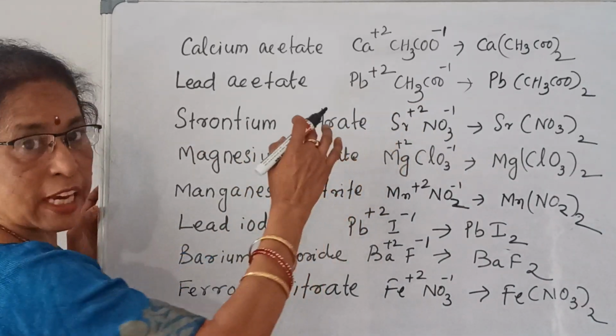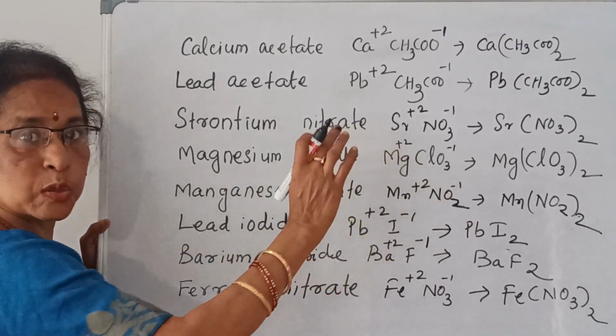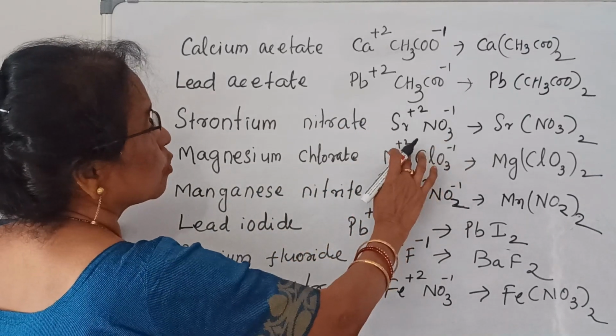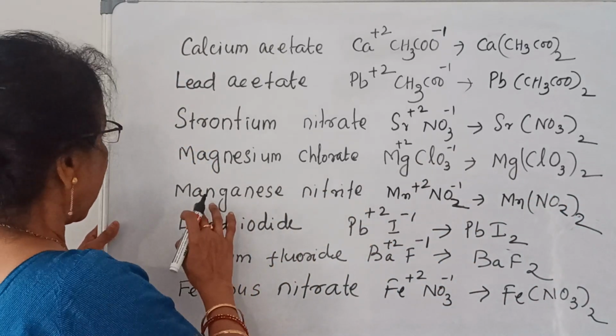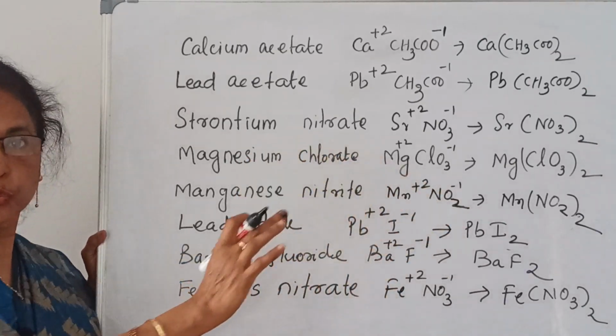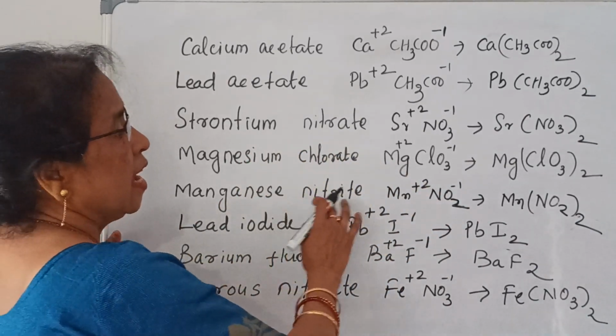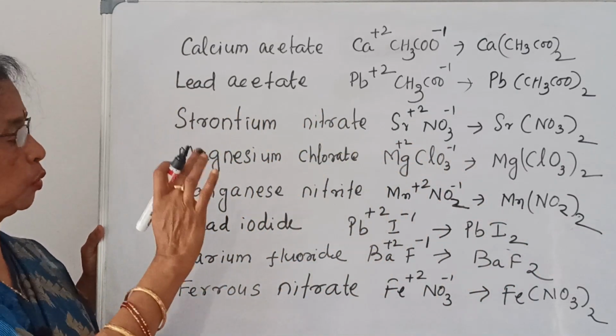It belongs to the second group in the periodic table. Magnesium chloride. Chloride means Cl minus 1, so the 2 comes here: MgCl2. And manganese nitrite, Mn plus 2, NO2 minus 1, so this is Mn(NO2)2.